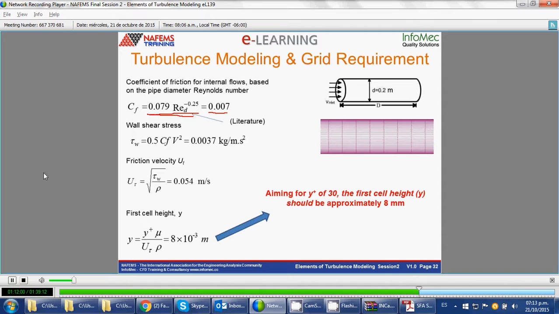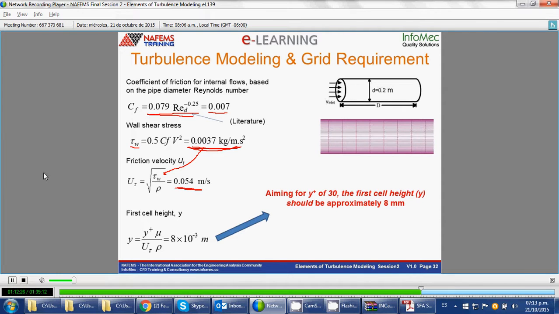So CF is related to shear stress: 0.5 CF times V squared. That's going to be my shear stress. Now remember, the friction velocity was the square root of tau, the shear stress, divided by density. If I put this in here, I'm going to get U tau about 0.04.